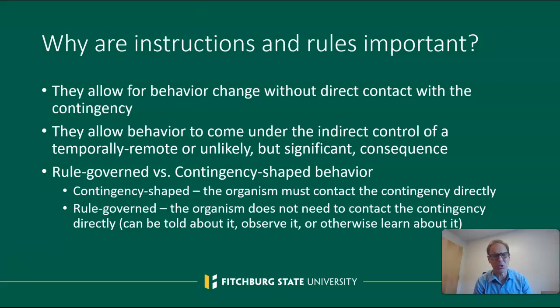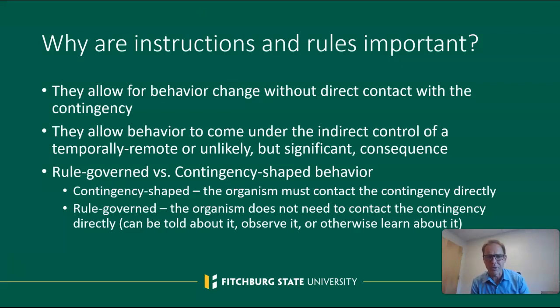So we can think about these two as the distinction between rule-governed versus contingency-shaped behavior. In contingency-shaped behavior, the organism has to contact that contingency directly. They have to engage in the response and immediately have some environmental change that follows that response, and that impacts behavior. So it's contingency-shaped. The organism came into direct contact with the contingency following engaging in the behavior.